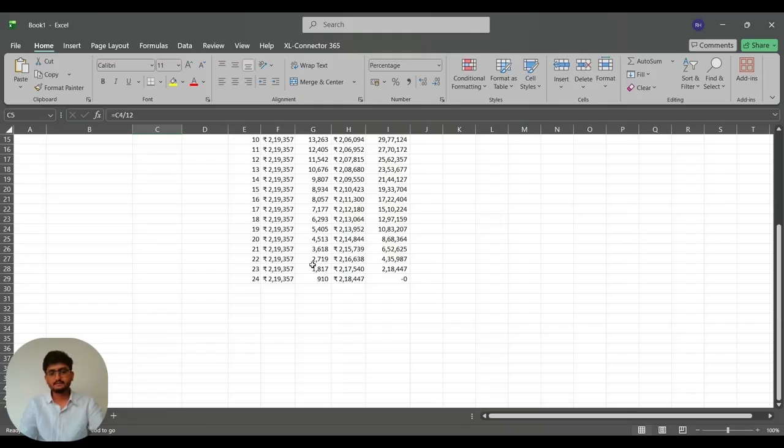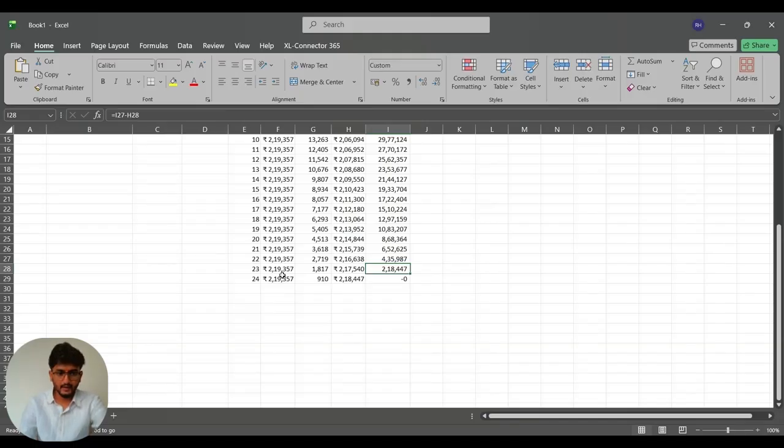Then when we minus 1,817 rupees from 2,19,357, we'll get the actual principal amount we have to pay, which was 2,17,540 rupees. So we'll get the remaining debt of 2,18,447 rupees.